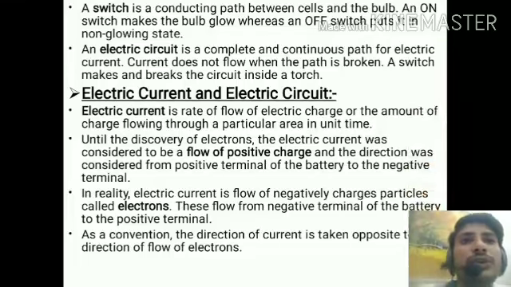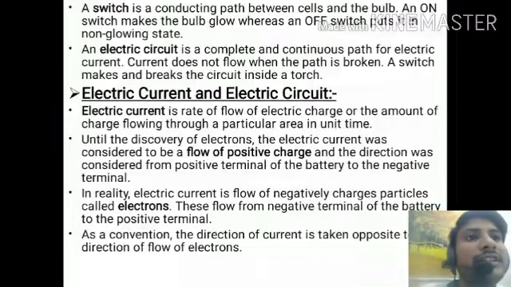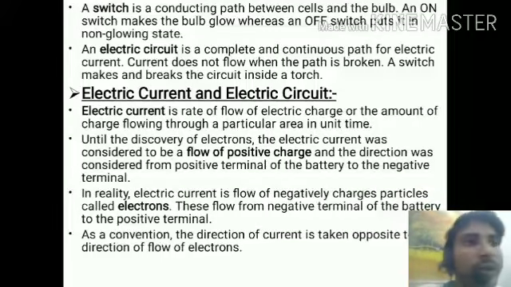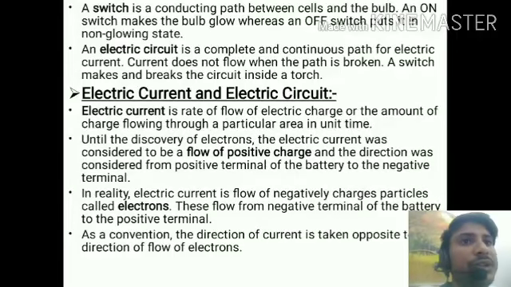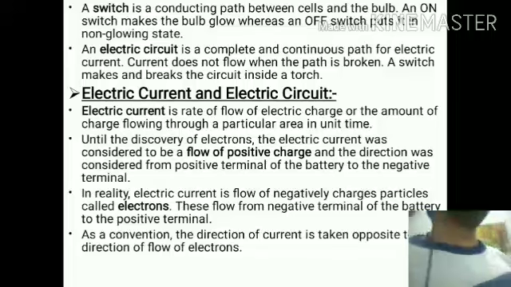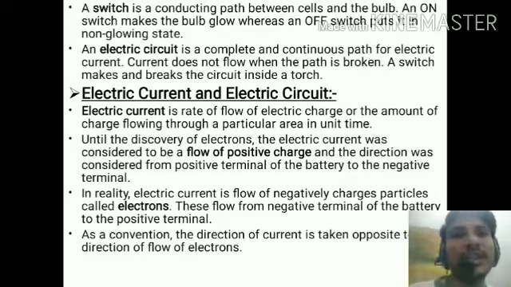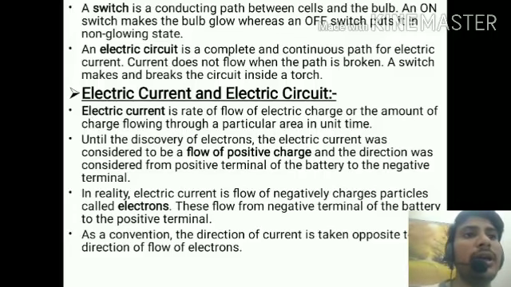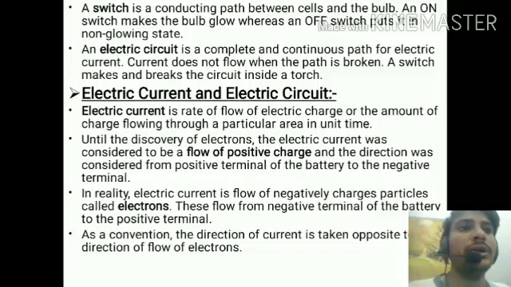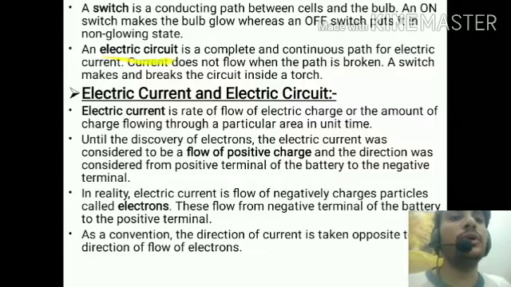Now, a switch is a conducting path between the cell and the bulb. Actually, a switch is a button that connects the electric current to the electrical appliances. So we can say a switch is a connecting path between the cell and the bulb; an on switch makes the bulb glow, whereas an off switch gives its non-glowing state.